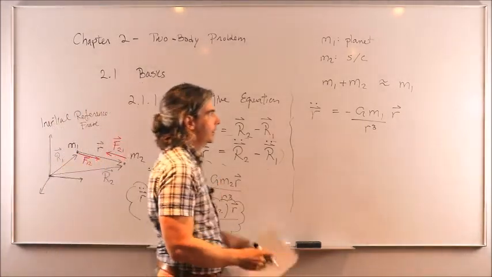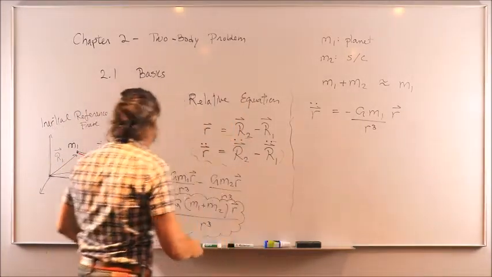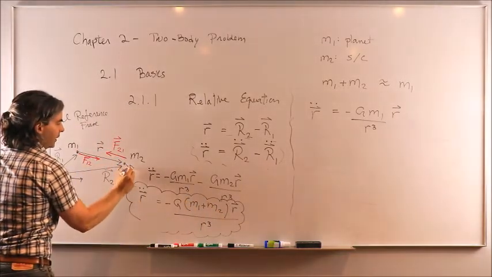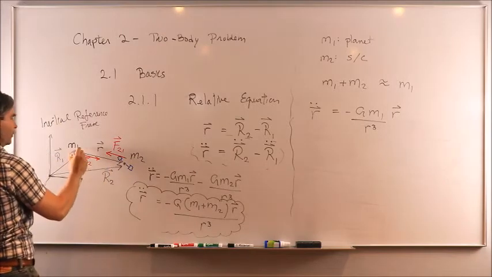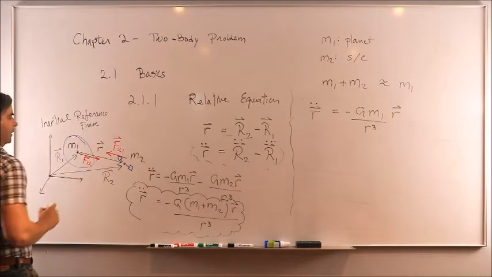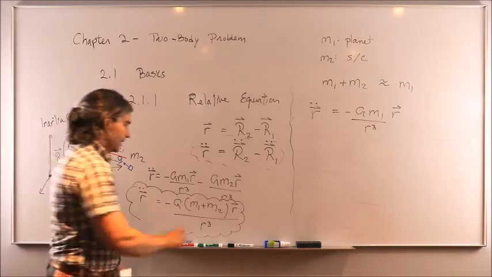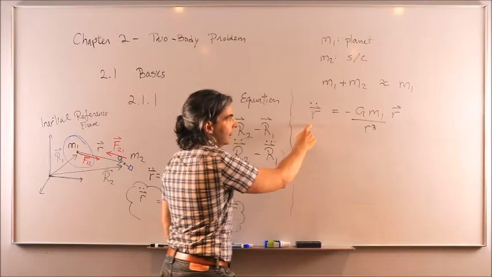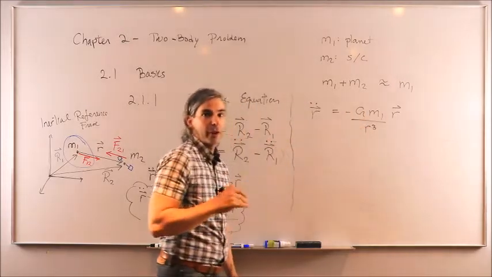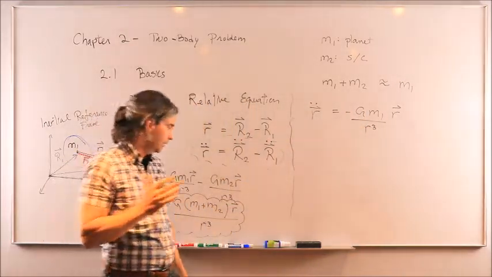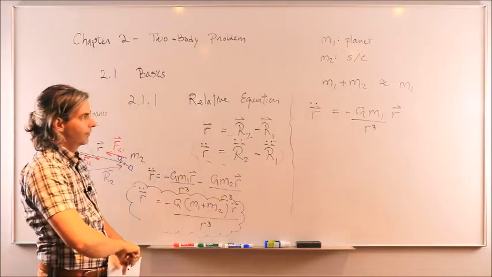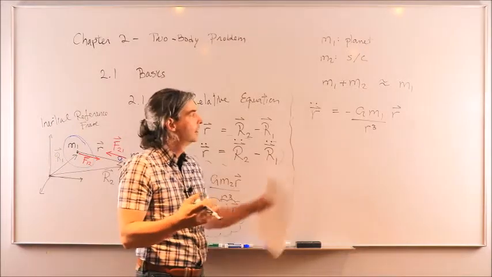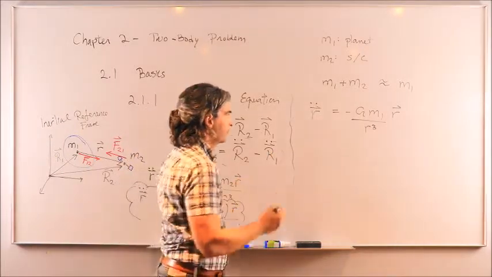Now this is very convenient because that tells me, going back here, and if we again assume that m2 is a spacecraft orbiting around a planet, it tells us that the spacecraft acceleration with respect to the planet is not dependent on the spacecraft mass at all, which is a very particular situation. And the reason for that is that the difference in masses involved is so large that we've been able to make that assumption.